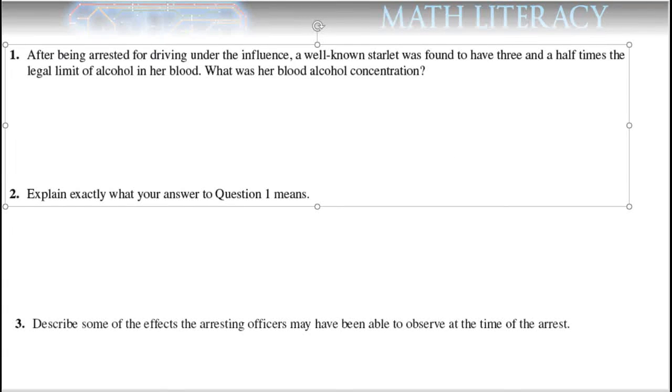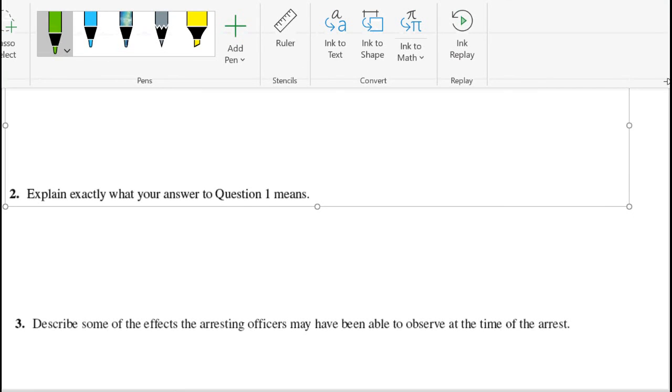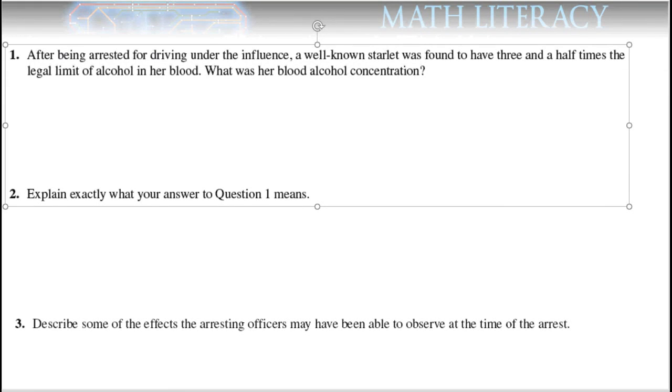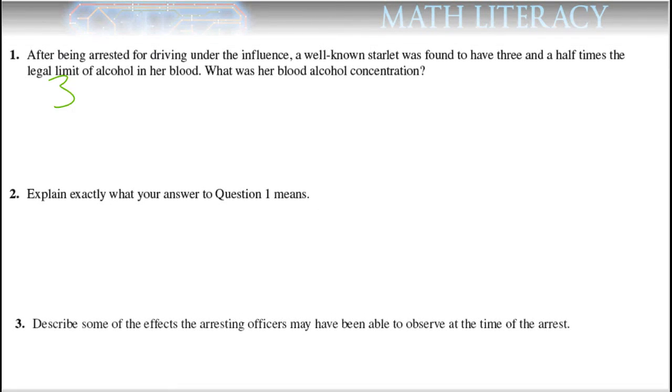So the legal limit, which we are using in the context of this problem, is 0.08. So her concentration was 3.5 times 0.08. 3 times 8 is 24, so 3 times 0.08 would be 0.24.